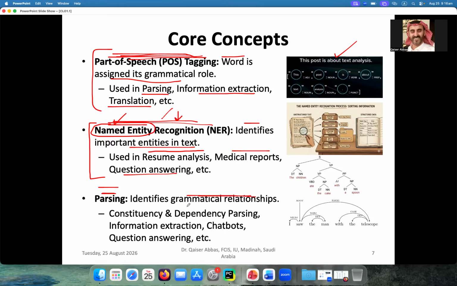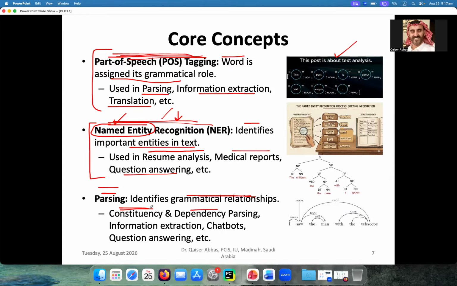There are many types of parsing, but here we are going to present only two, constituency and dependency. These are the popular ones. Constituency parsing is about phrases, such as noun phrase and adjective phrase. If I say noun phrase, it means more than one word combine with each other and give one concept, making a phrase.